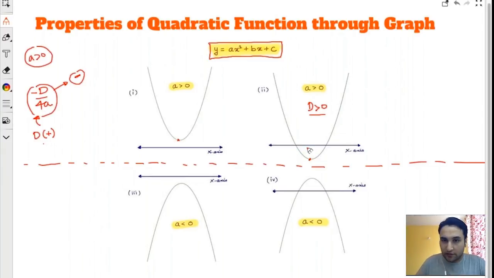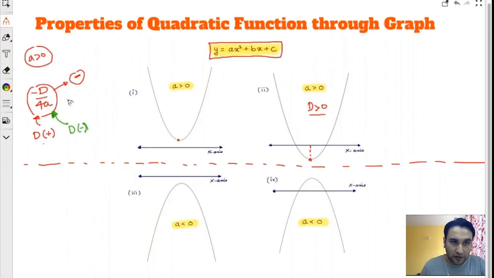Okay? So, it goes below x-axis. Hence, the graph intersects x-axis. Got it? So, this is the explanation. Similarly, if your d is negative, so negative becomes positive.